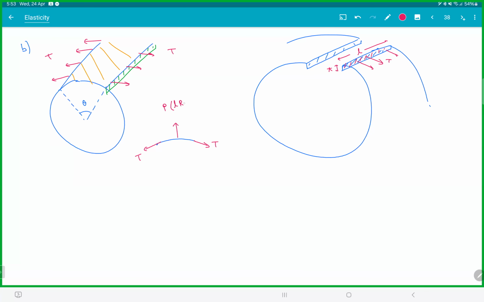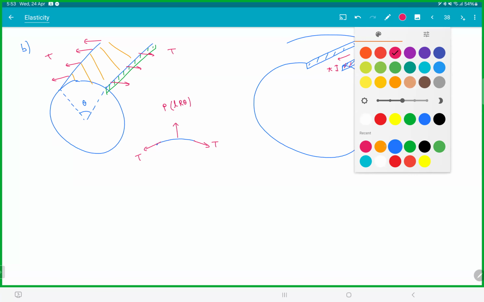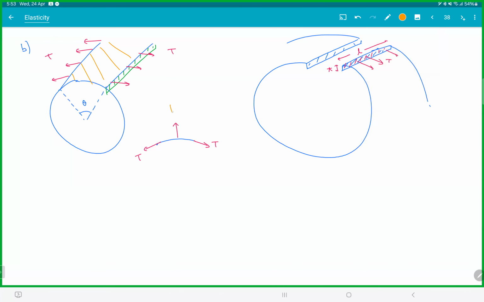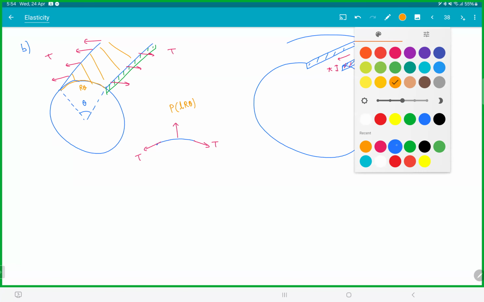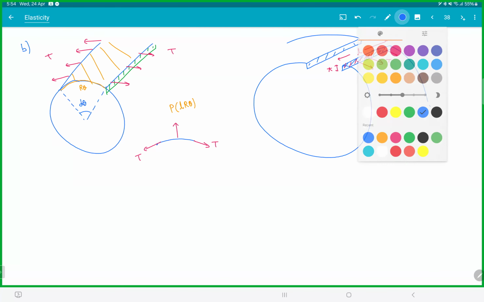Pressure into L into R theta. This is that shaded area. This is P into L into R theta. Theta is very small, so we can take it almost like a rectangle. Or let me take it as d theta.